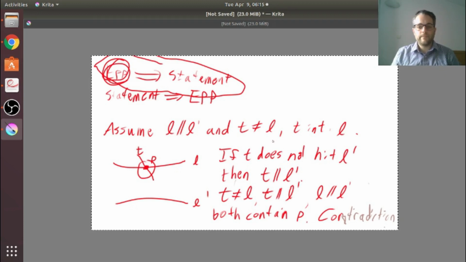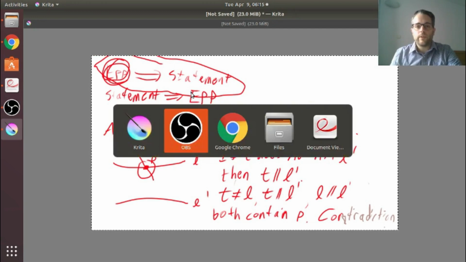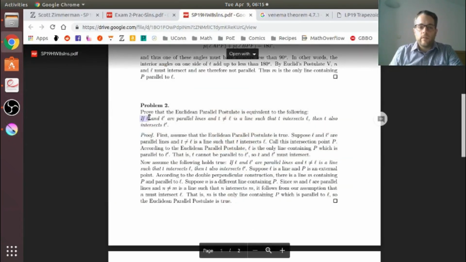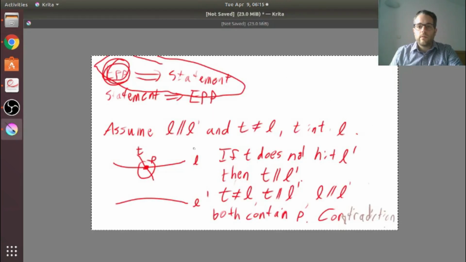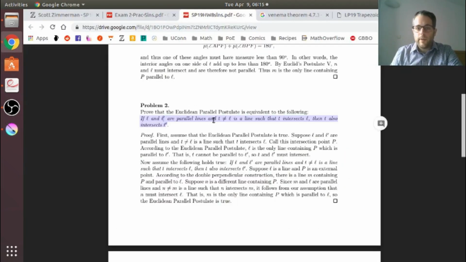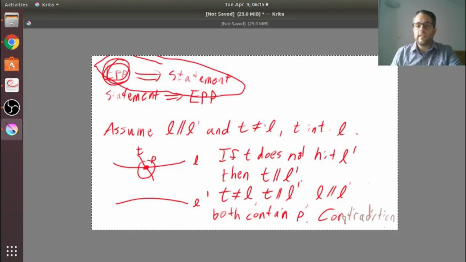Okay. So again, what did we show? We assume the Euclidean parallel postulate is true. Suppose we have the setup. I want to prove that this statement right here is true. Well, what does that mean? That means if L and L prime are parallel and T is different than L and intersects L, I have to show something.